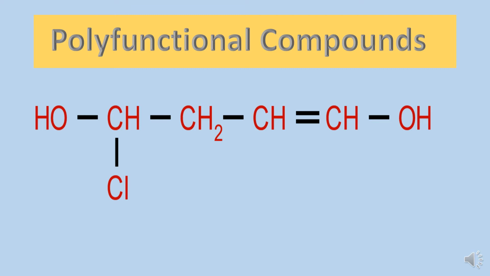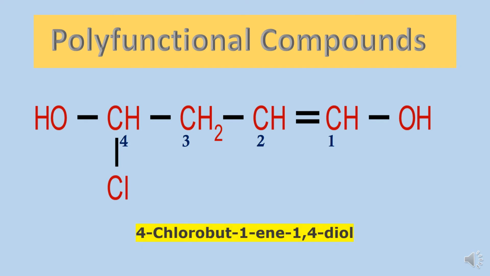So second preference will be given to alkene, that is the double bond. Hence the numbering will be done from this carbon 1, 2, 3, 4, and the name would be 4-chlorobut-1-ene-1,4-diol, because for 2 hydroxy groups the suffix used will be diol.